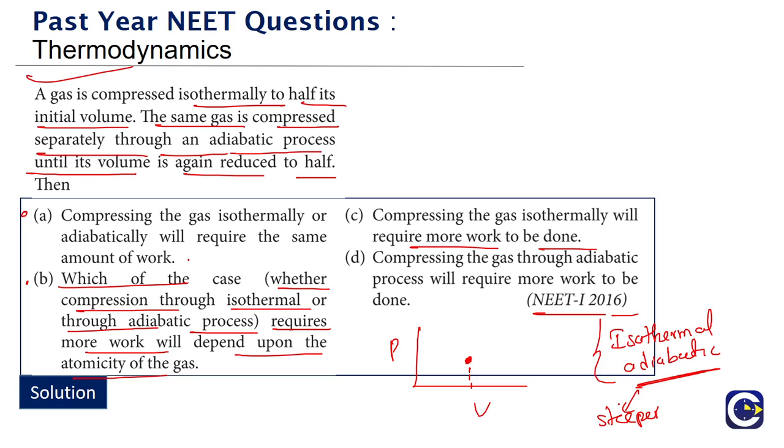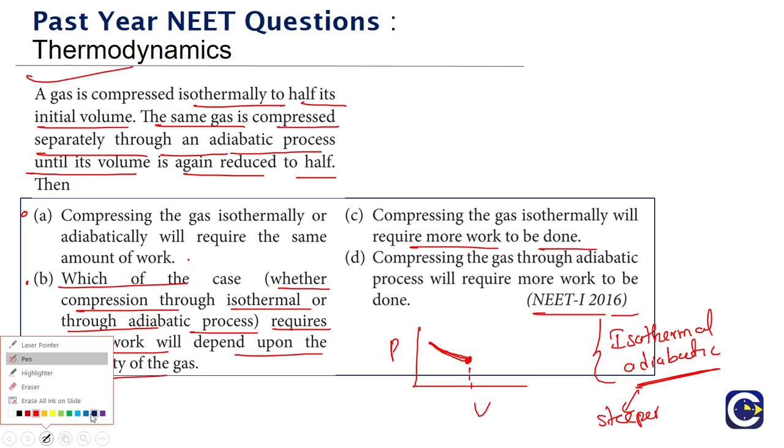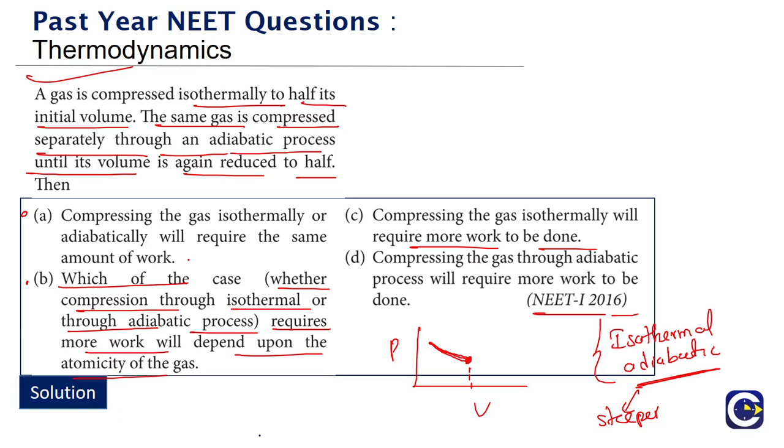If, for example, this is a graph, this is the isothermal. The adiabatic will be more steeper, which means the graph will look like it is falling more rapidly. That is what we mean by steeper. So it will look like this.